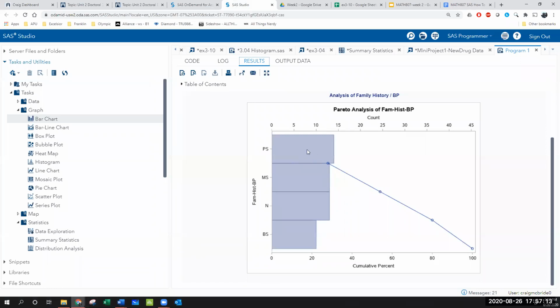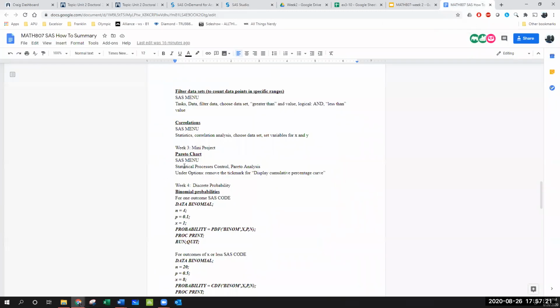So it basically just ranks it. I honestly like the simple one here by just going through the menus, statistical procedures. And it did, because I think this gives it to you horizontally, and I think horizontally looks better than vertical. Can we run that Pareto chart?